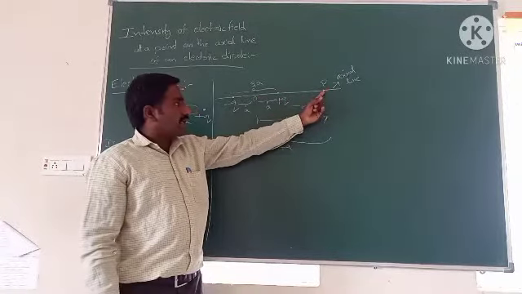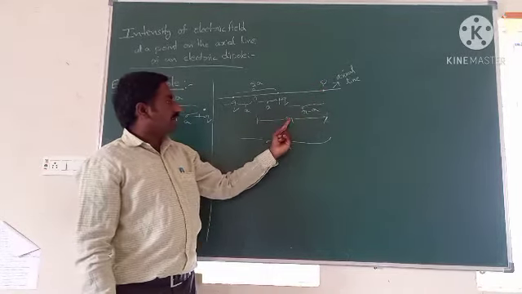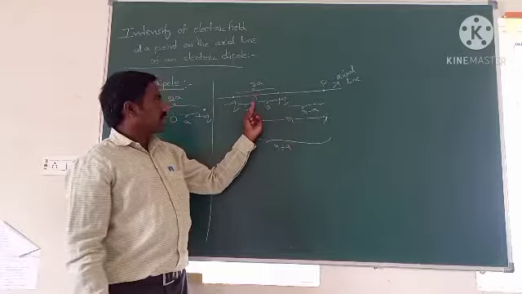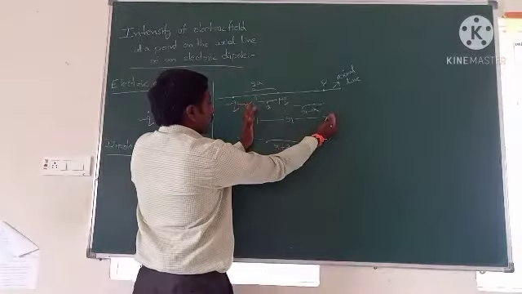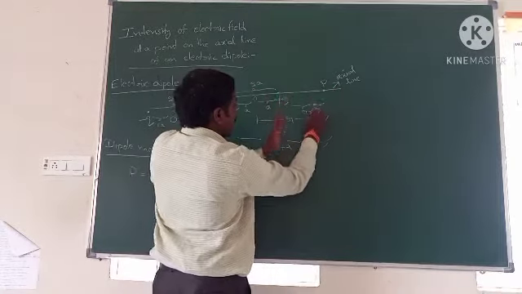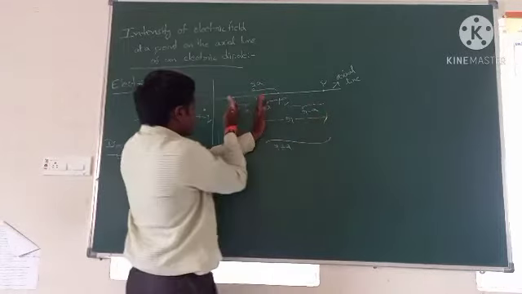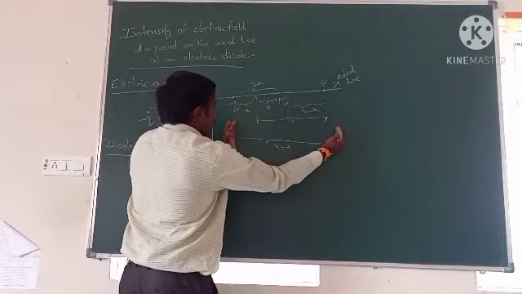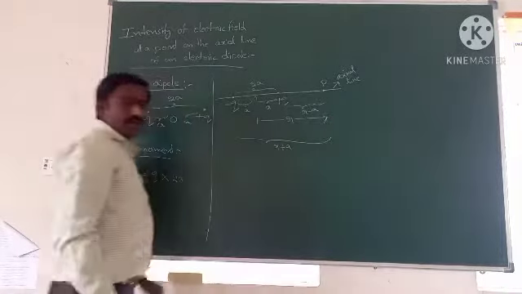On the axial line I consider a point P at a distance r from the center. So this distance is r, this is a, and the distance from plus q to P becomes r minus a. The total distance from minus q charge to P is r plus a.